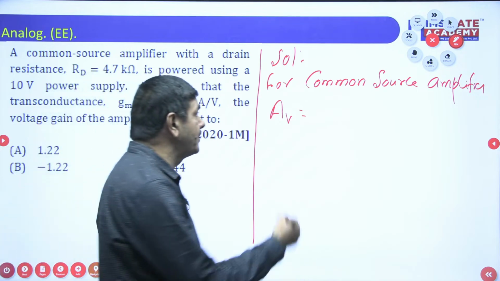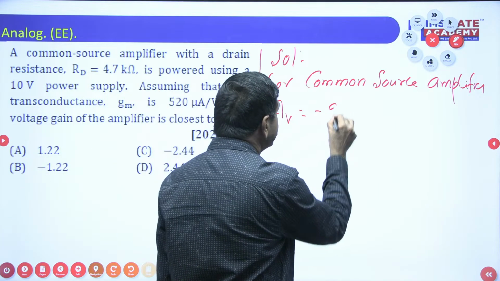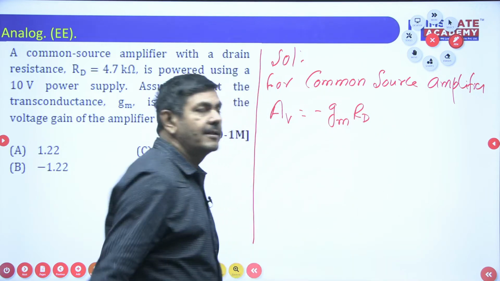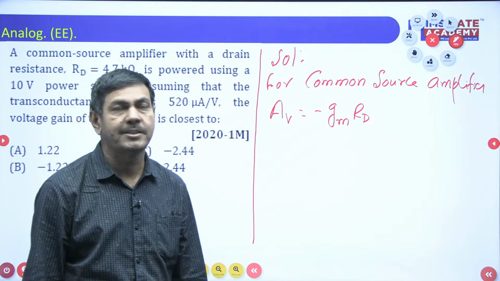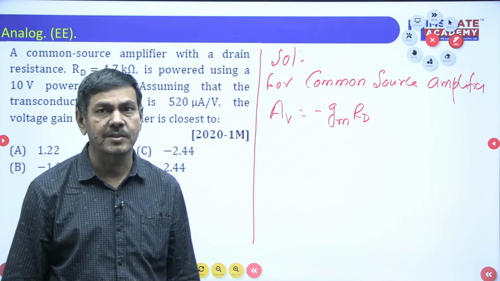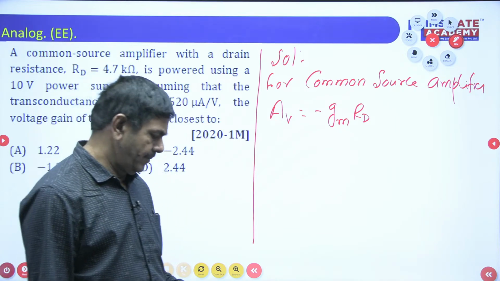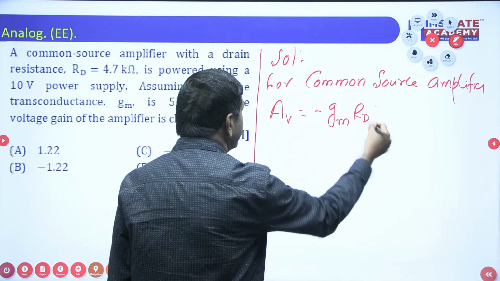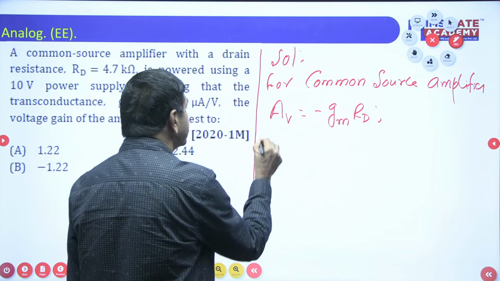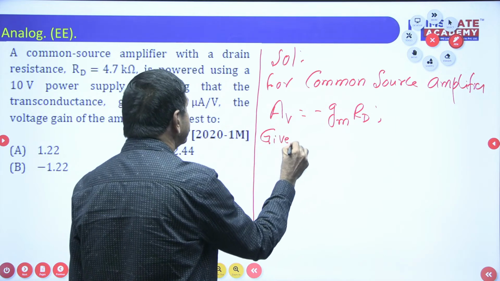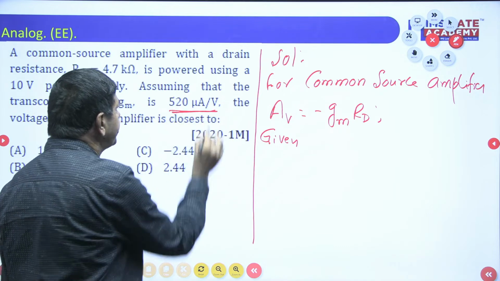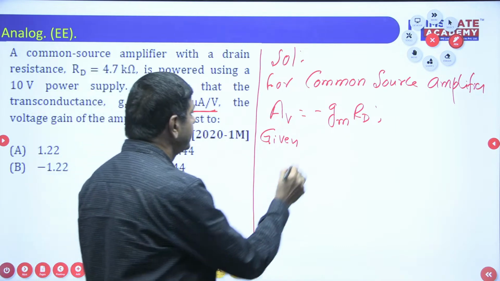Voltage gain for the common source amplifier is minus GM into RD. That formula they will apply. Minus GM into RD. This is a fixed formula for the common source amplifier now. That formula directly you can apply only now. GM transconductance is given in the problem. What is given? The transconductance GM equal to 520 microamperes per volt.